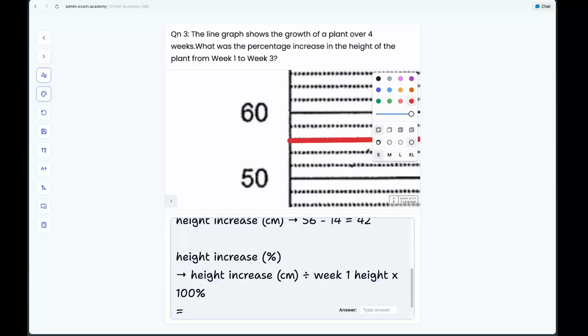Pretty straightforward. So this will be equal to 42 divided by 14, then times 100, and this will give us 300%. So the answer is 300%.